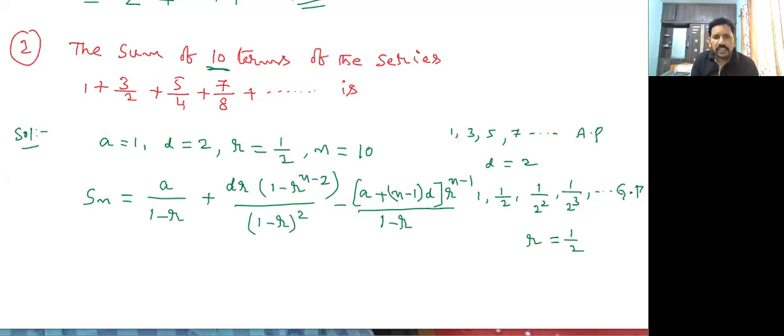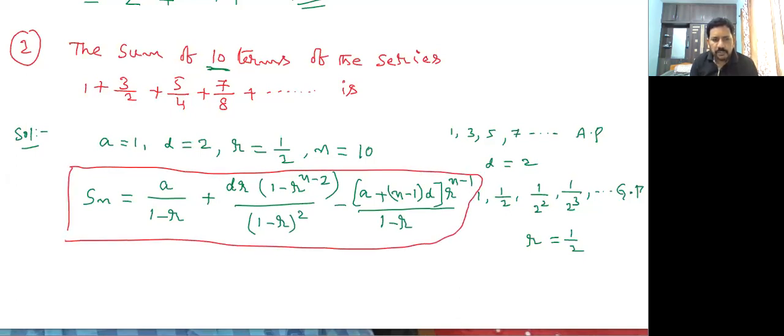This is actually a lengthy formula, but you want to remember it. This is the sum of n terms in an AGP series.